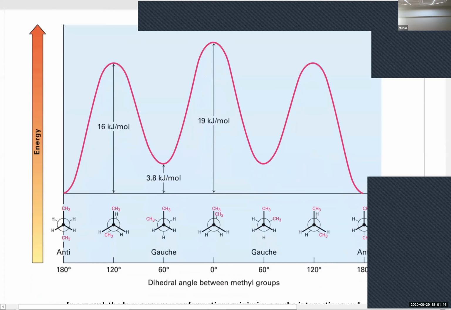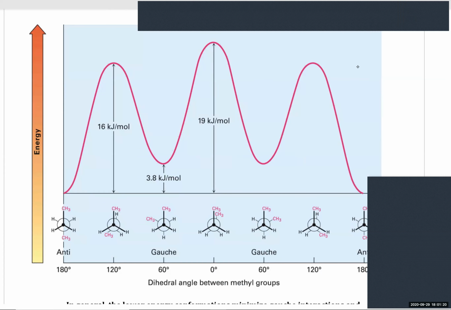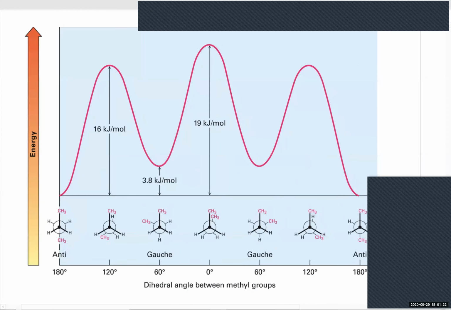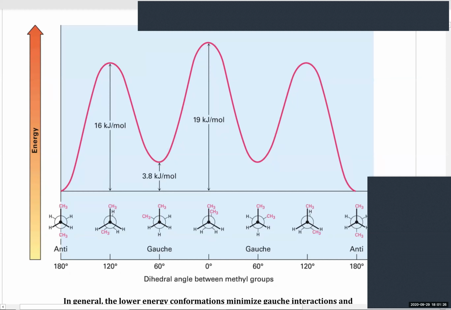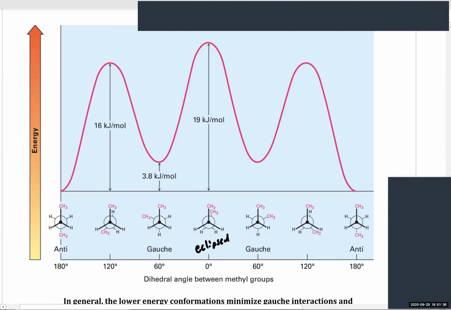So we're performing an energetic analysis on butane. If we start at 0 degrees, we have our eclipsed conformation.